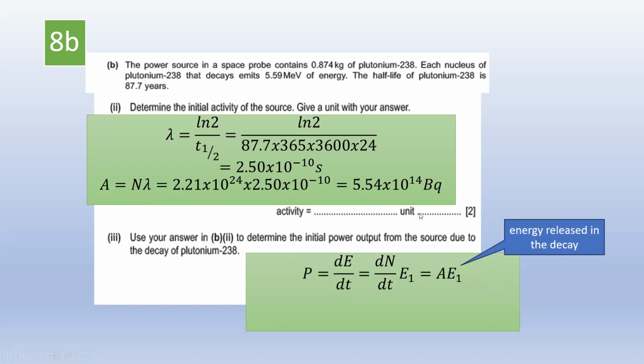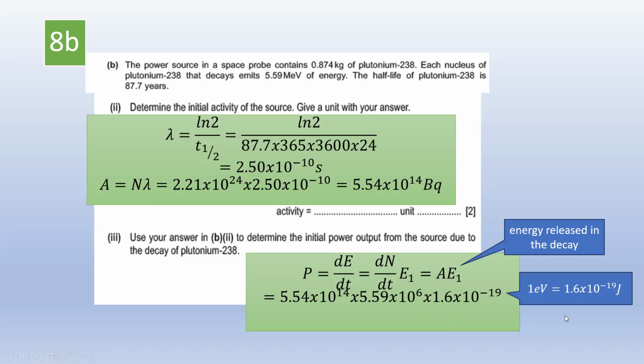So that's activity times E1. This is your E1. In mega electron volt, convert it to electron volt, and then 1 electron volt is 1.6 times 10 to the power minus 19 joule. You calculate out. Can or not? Okay.